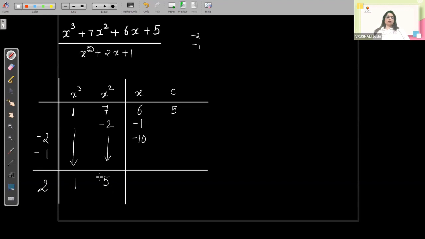And 5 into -1 will be -5. Okay. What about the power? Power will be x 3 minus 2. And this is not going to be anything. So x plus 5. This is going to be -11 plus 5. So this will be -5. Getting it? And here it is going to be a 0. So that means your quotient is going to be x plus 5. And your remainder, it will be -5.